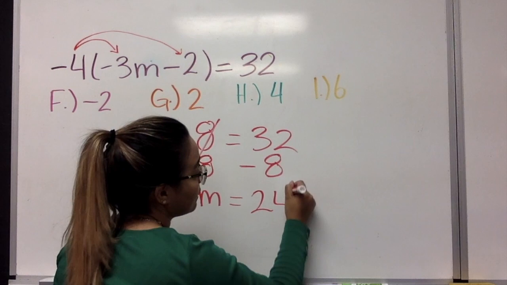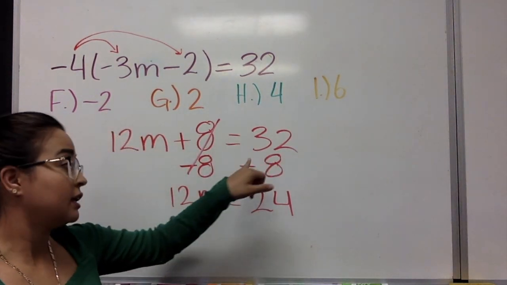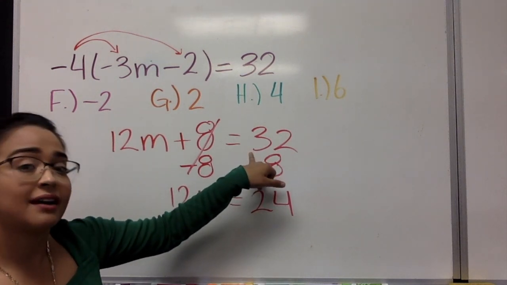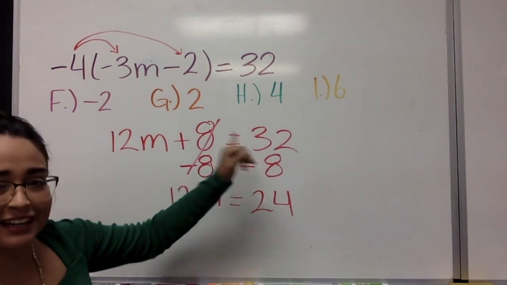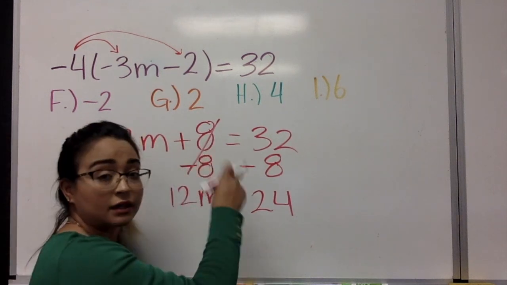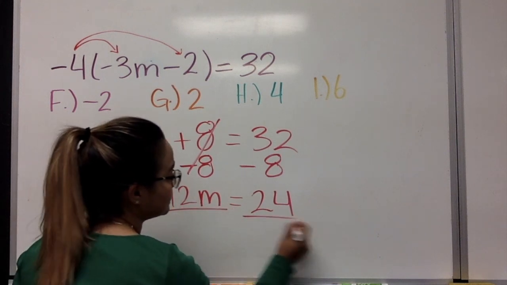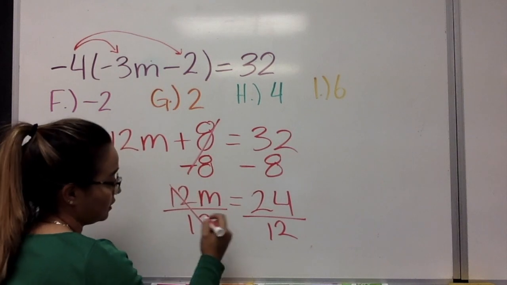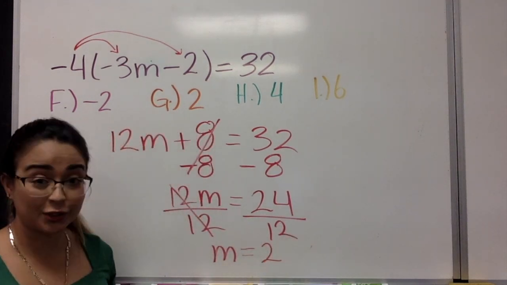It's going to be a positive 24 because our 32 is a positive number and our 8 is a negative number, but 32 is bigger than 8, so therefore it is dominant, and we will keep the bigger number's sign. Now we are going to be dividing 12 to both sides. We are left with m equals 2.